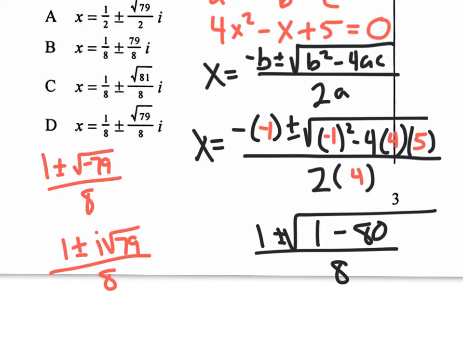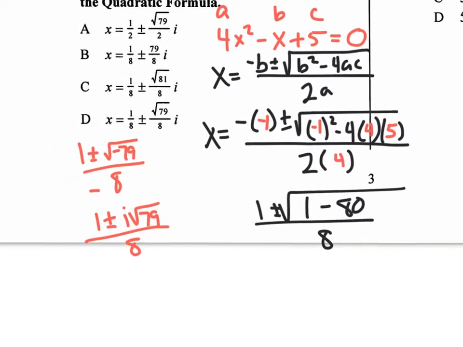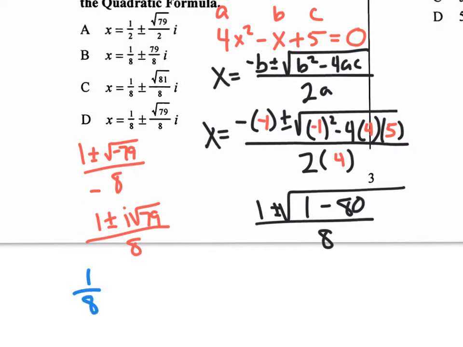However, since we have a complex number, in other words, real parts and imaginary parts, you want to split this denominator to be underneath the 1 and underneath the i. So we're going to split it and make it 1/8 plus or minus the square root of 79 over 8.